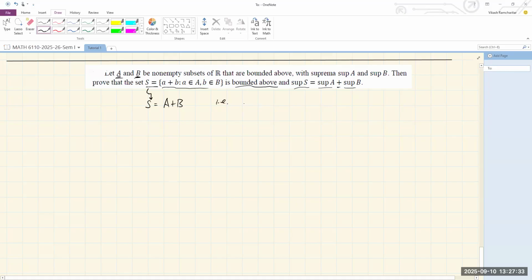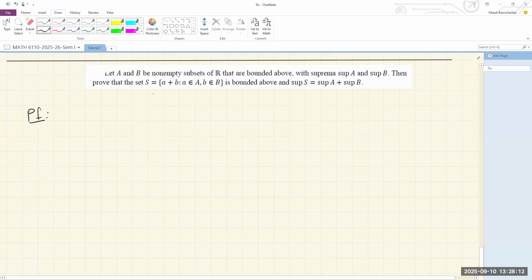Then in other words, what this is saying is that if A and B are bounded above with supremum, the supremum of A plus B is equal to the supremum of A plus the supremum of B. So in other words, the supremum behaves nicely. Let's see how to prove this, and we will make use in this of the characterization of supremum that we just proved. So proof.